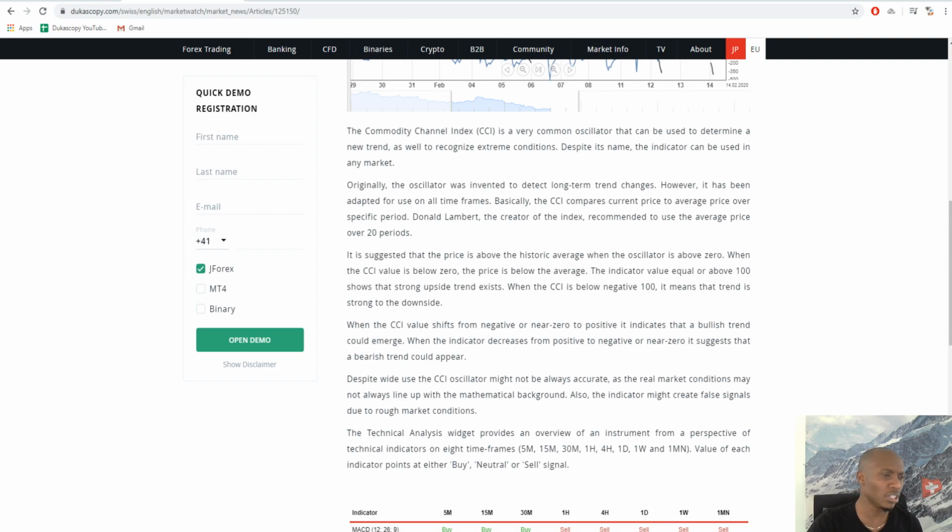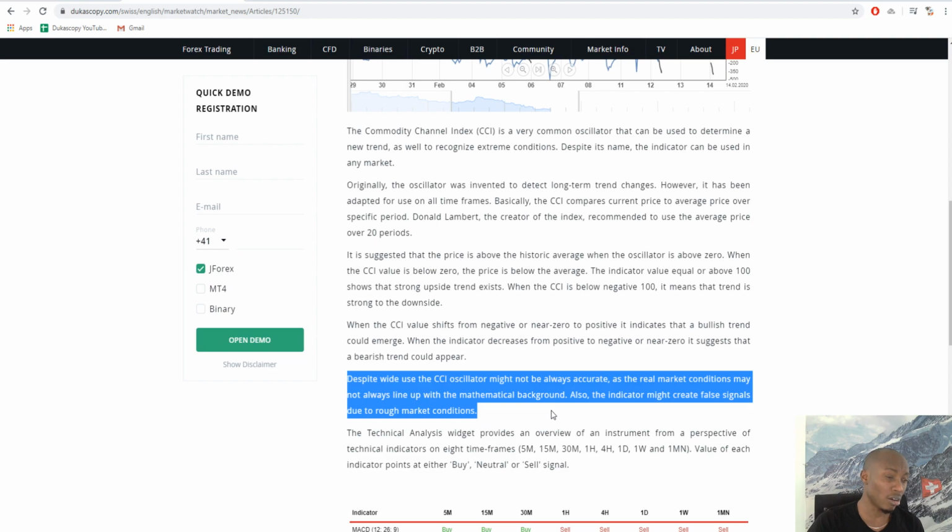This is not only for this commodity channel index. I will say it applies to all other indicators, be it MACD, RSI, stochastics, whatever. It's not always 100% accurate when you use indicators.